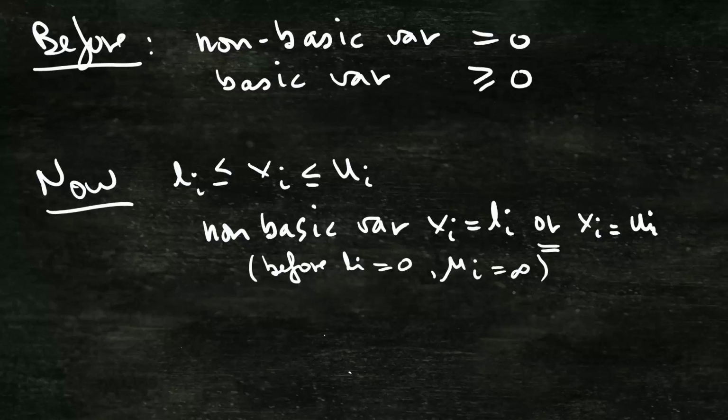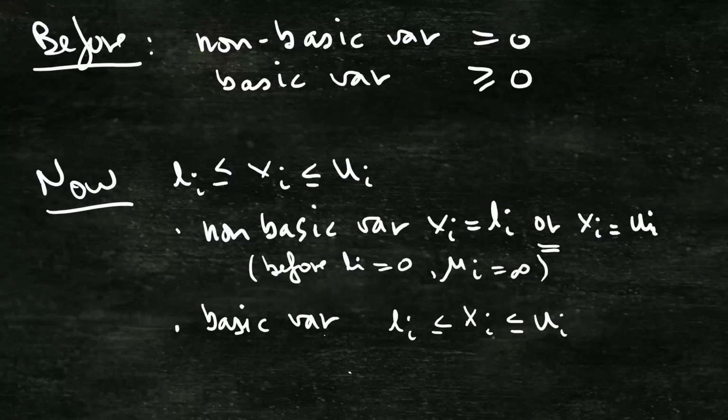So we had that a non-basic variable is equal to 0. But now we're generalizing so that a non-basic variable is either at the lower limit or at the upper limit. So that's the definition of non-basic. The basic variables: if xi is basic, then xi will be somewhere in between.